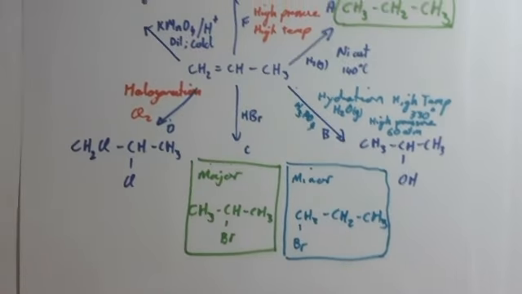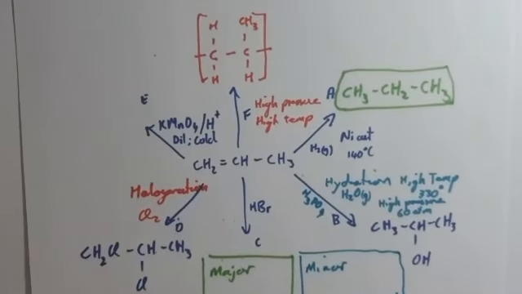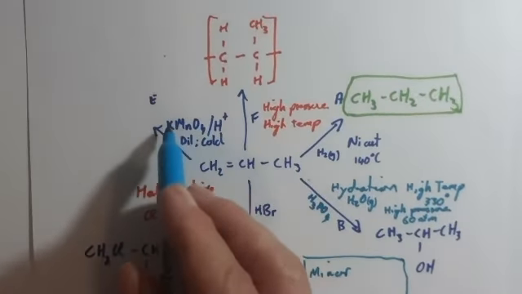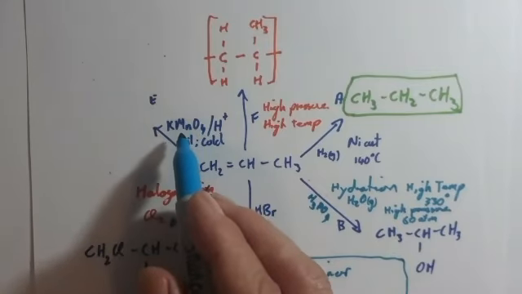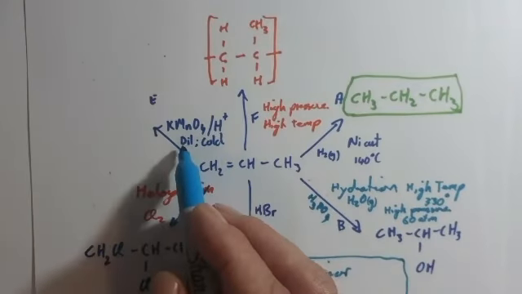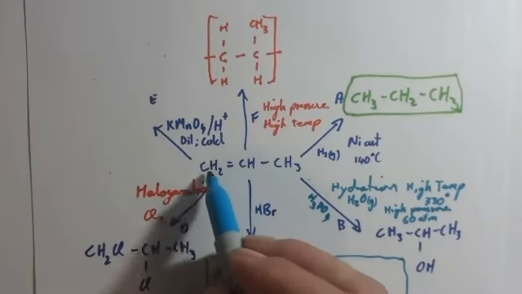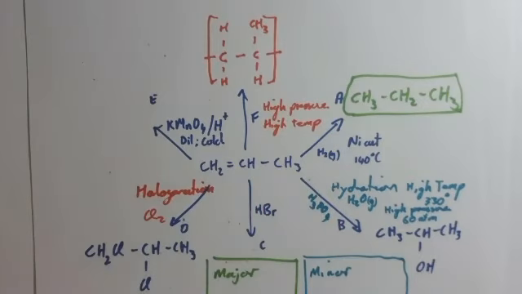What about reaction E? We have a double bond oxidation, but we have an oxidizing agent, my potassium permanganate, acidified, diluted, it's cold. What's going to happen? We're going to break our double bond and add two hydroxide groups. Let's draw it.